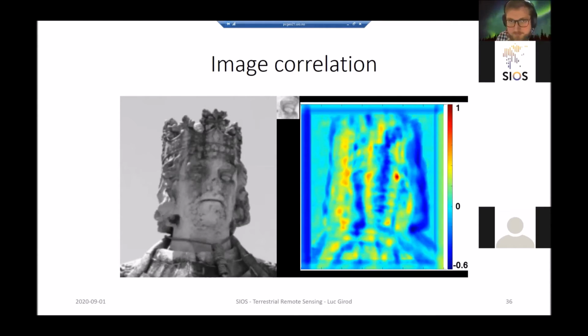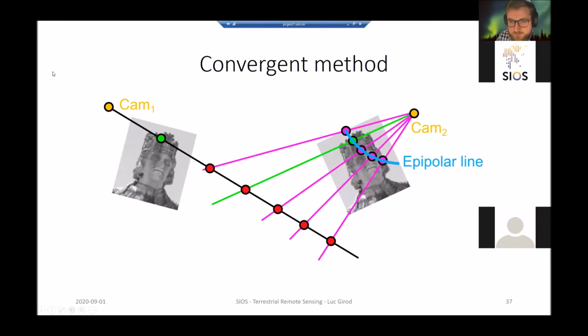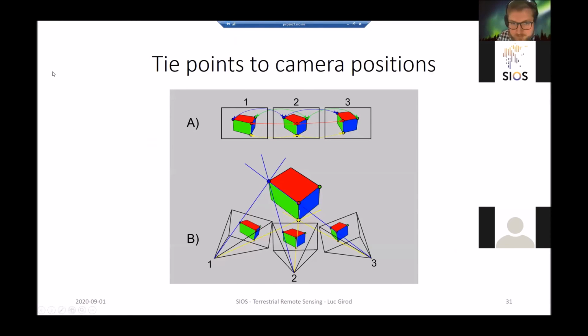Yep. Thanks for the great talk, Luke, first of all. I'd like to ask regarding one of the initial slides, definitely the first half of your lecture. You were referring to the ground control points.